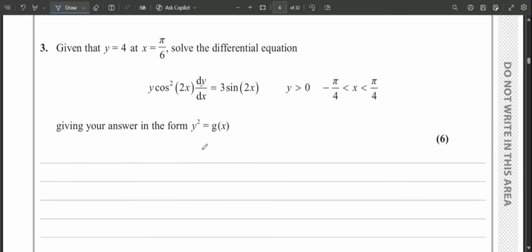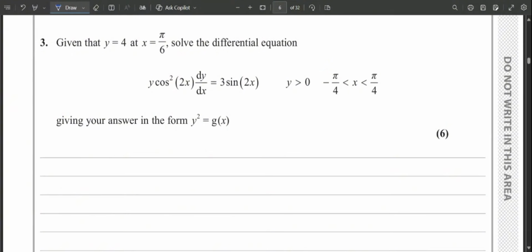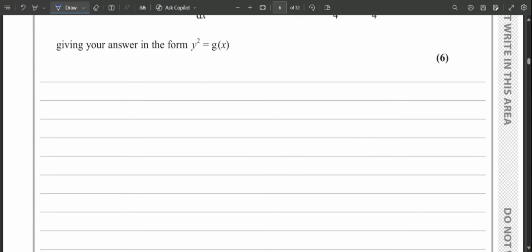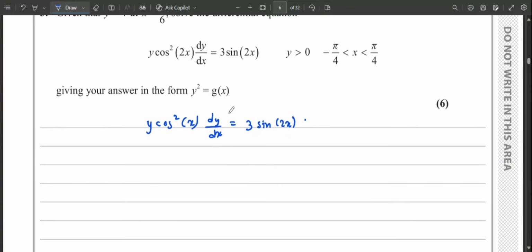So we can start solving this. In order to find a solution to our differential equation, I will first write down the expression in the question. So y cos square 2x dy by dx is equal to 3 sine 2x, and this is our expression in the question.